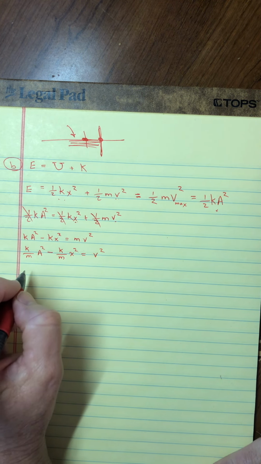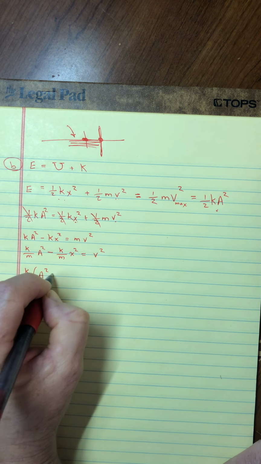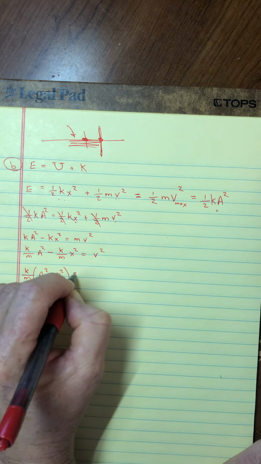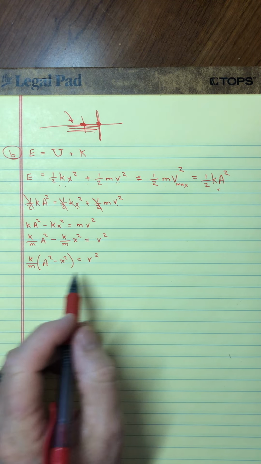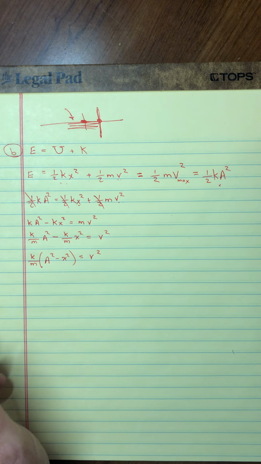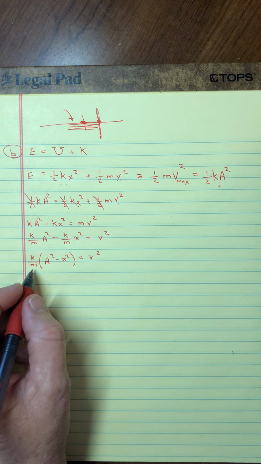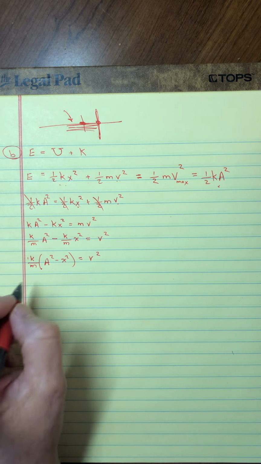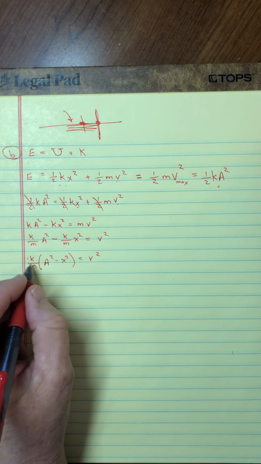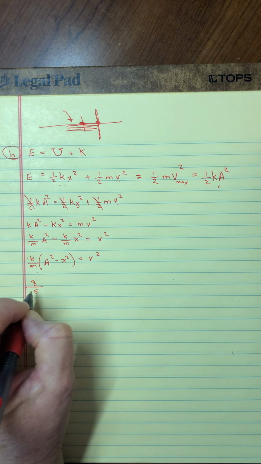And then maybe I'll even factor out k over m, and this equation was also worked out by your author. So you could look it up and just plug and chug and get the velocity. But I'll go ahead and put in the numbers. The k over m is the omega squared. That's the 4 squared, or 16, or 8 divided by a half. So maybe I'll just put 8 over a half.